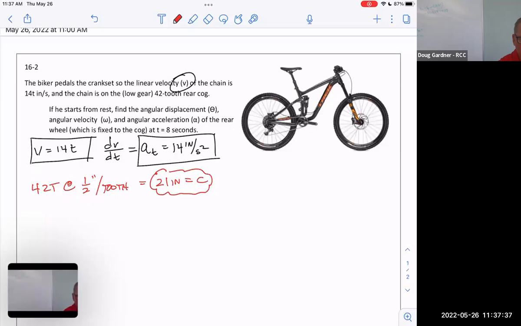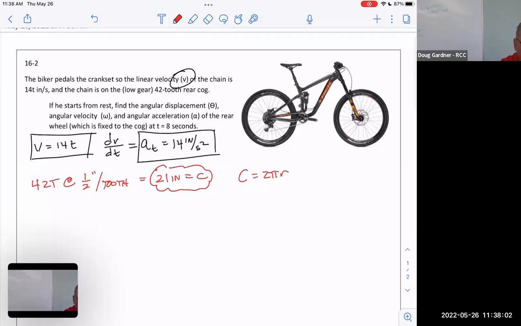That cog back there at least is behaving as a 21-inch circumference, and you can appreciate because it has cogs on it, that'd be hard to measure because where do you measure to? It's not a circle, it has points. Do you measure from outside point to outside point, or from the saddle on the inside of the chain to the inside? But notice, because I know how long the chain is, that gives me a circumference. And then of course, circumference is equal to 2 times pi times radius. So if I take 21 and divide by 2 pi, I get the radius of that cog is 3.342.